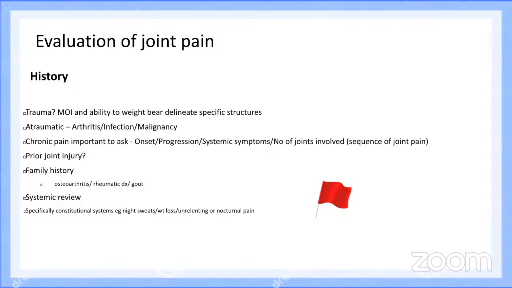If it's trauma, then you probably look at the mechanism of injury and the ability to weight bear, to delineate the specific structures that you're going to be looking at in more detail. If it's atraumatic, then we'd consider something such as arthritis, infection, or even malignancy. And when it's chronic pain, it's very important to specifically ask about the onset and the progression, as well as systemic symptoms.